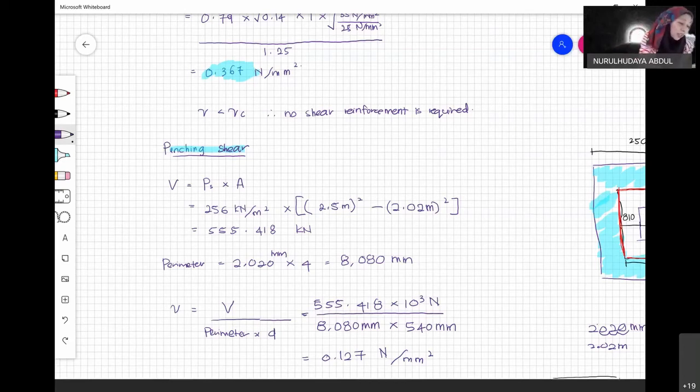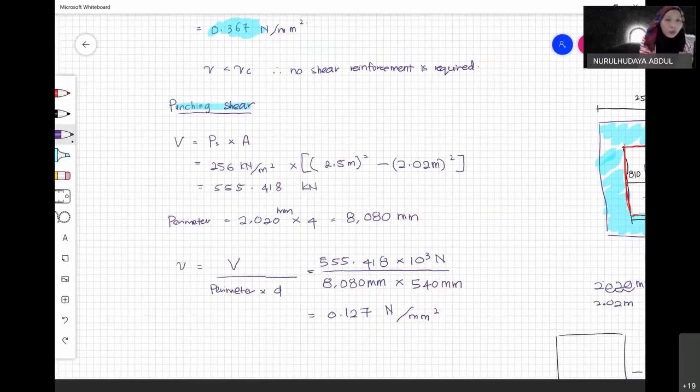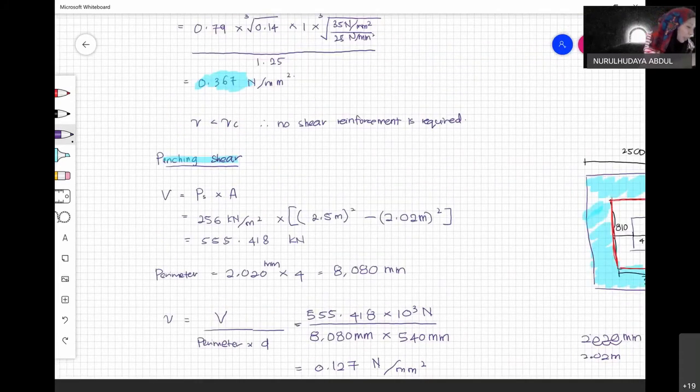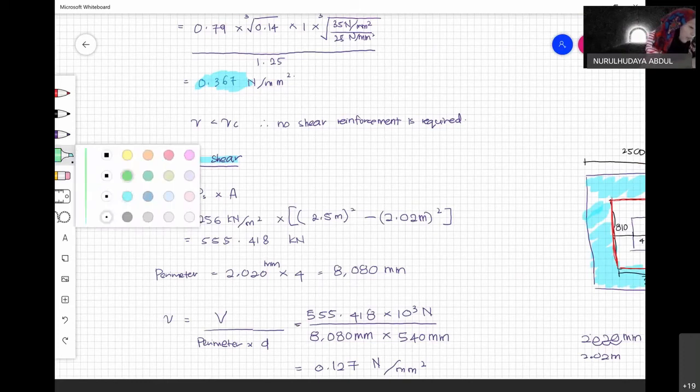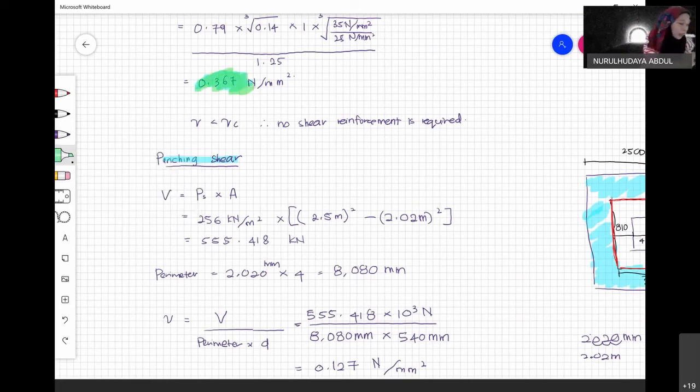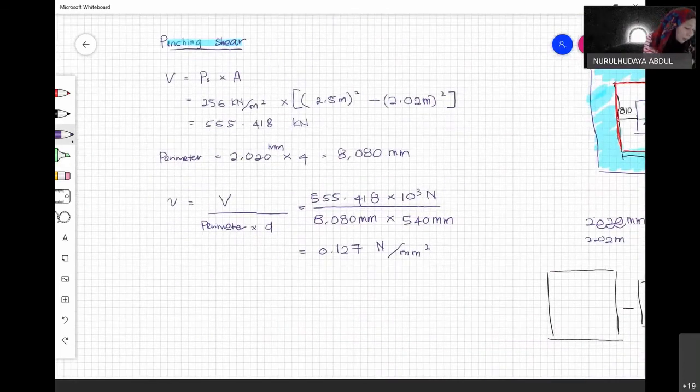So itulah VC, itulah capacity concrete untuk resist shear stress. So which is 0.367 ni lah. Okay, value ini masih value yang sama. Jadi kita just tulis je V is still less than VC obviously.